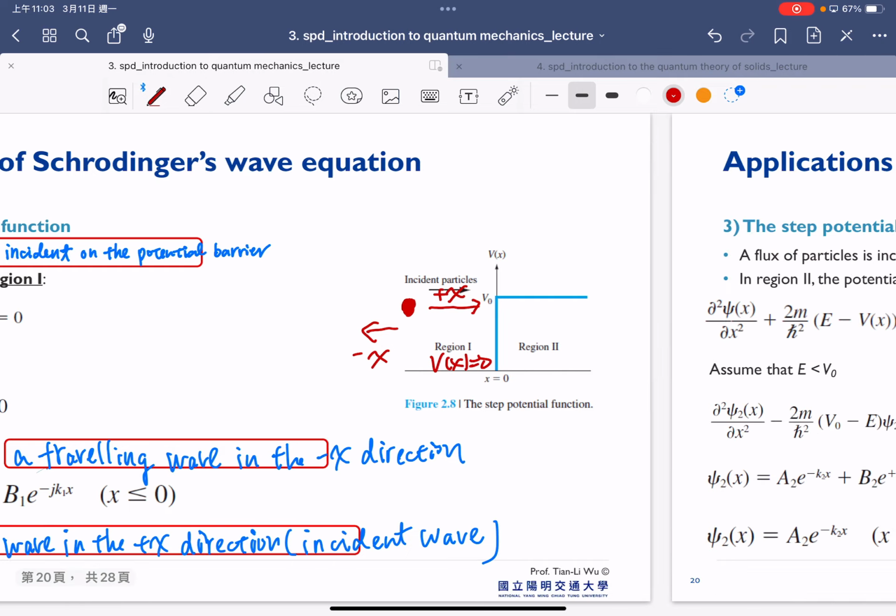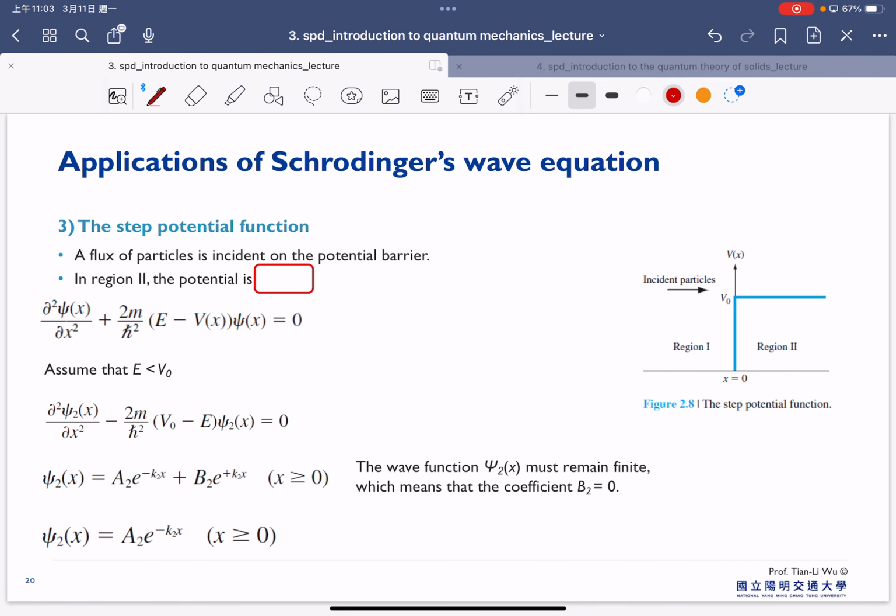And in region 2, the potential is V equal to V0. So now we are considering the case like here, V equal to V0. Again, the equation we have here, and now we assume the energy is smaller than V0. So that means the energy of the incident particle is smaller than V0 here.